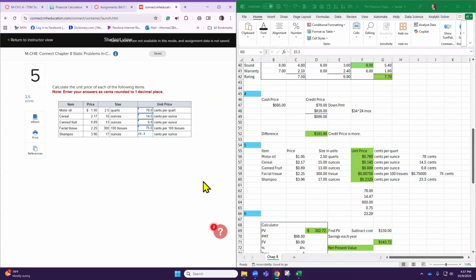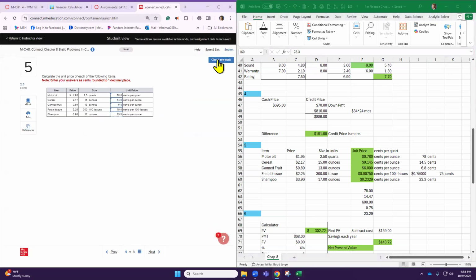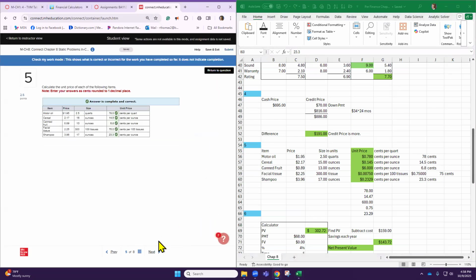So if you go comparison shop, trying to decide whether you're going to buy the bigger bottle or the smaller bottle, you have to be able to compare its unit price or it won't work out. Okay. Most stores put the unit price on the label, but some of them don't put it on there as clearly as they should. So, all right, we're going to check the work and keep it going.